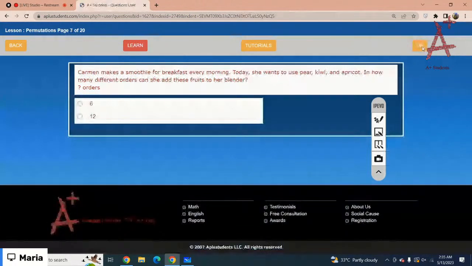Okay, the next one is: Carmen makes a smoothie for breakfast every morning. Today she wants to use pear, kiwi, and apricot. In how many different orders can she add these fruits to her blender?